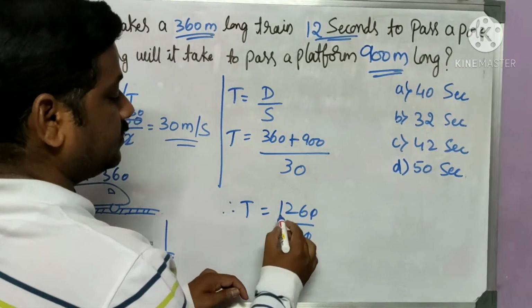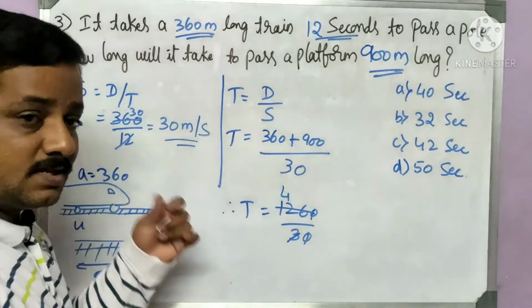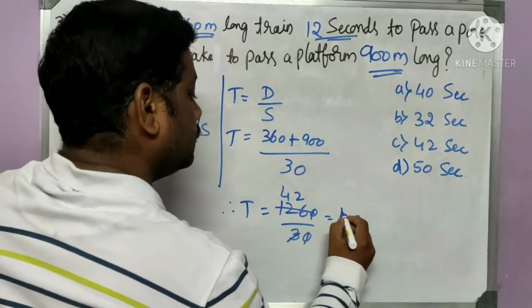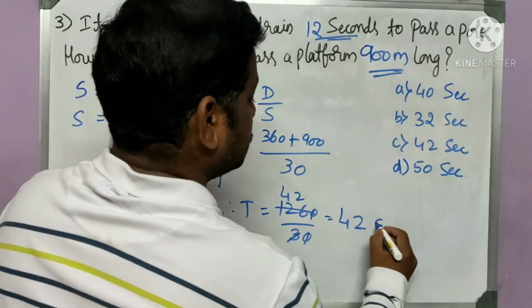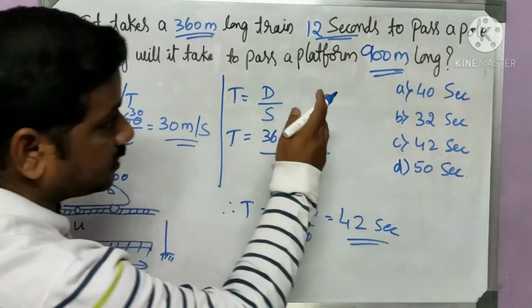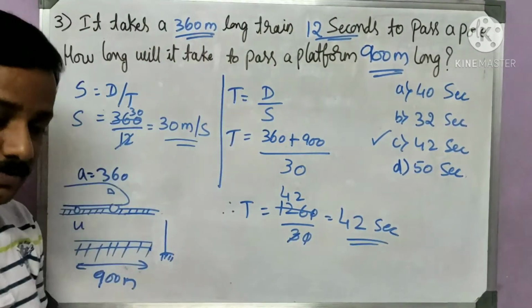We get 3 1s are 3, 3 4s are 12. Okay, 3 2s are 6. So 42, and what would be the unit? It is in meter per second, so this will be seconds. Here the option C will be the right answer.